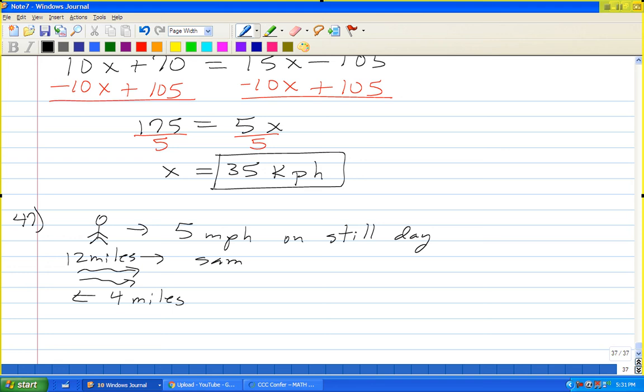So these will be the same time. What is the rate of the wind? So let's say the wind is x miles per hour. And that's what I want to figure out.